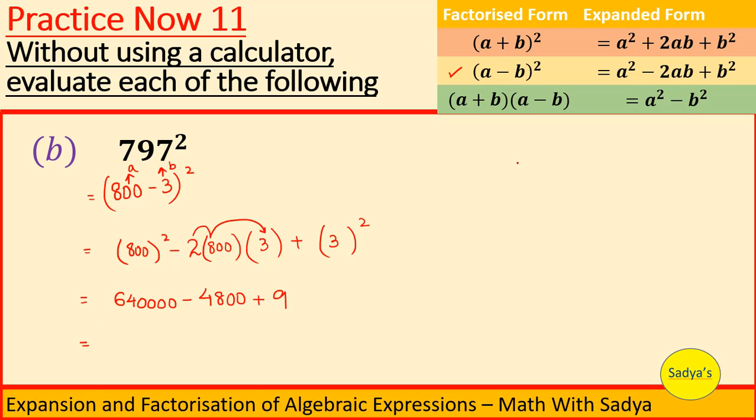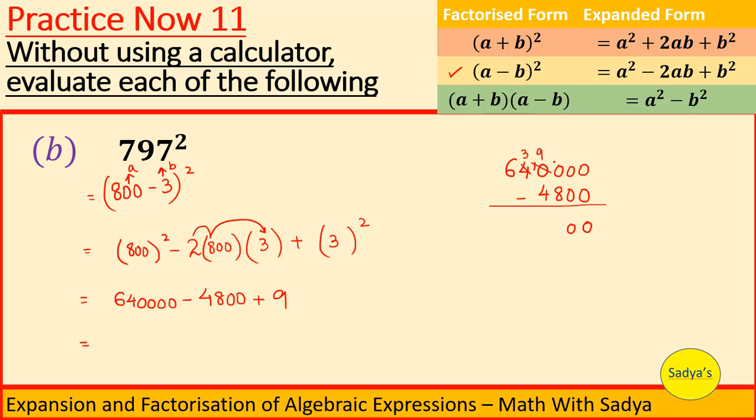So now we have to subtract 4800 from 640,000. Zero subtracted from 0 is 0. 0 subtracted from 0 is 0. We can't subtract 8 from 0, so we need to borrow. But here again we have 0, so we will borrow 1 from 4 and we get 3, 10.